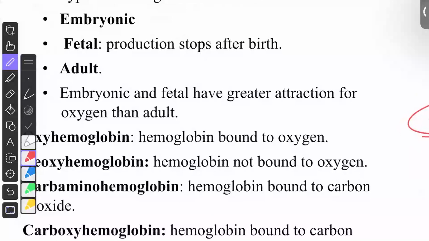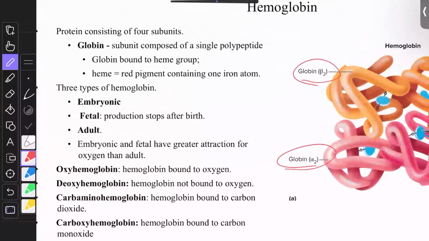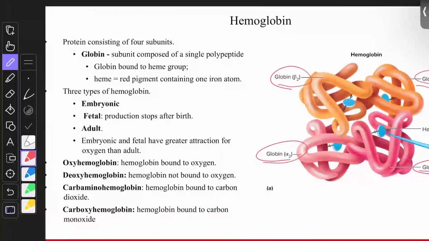A greater attraction to oxygen. 99% of the time, if I'm asking the question, the answer is probably on my PowerPoint slide, just for those of you who are panicking a little bit that I'm asking questions. So embryonic and fetal hemoglobin have a significantly higher attraction to oxygen. Okay, why would that be necessary for an embryo and a fetus?